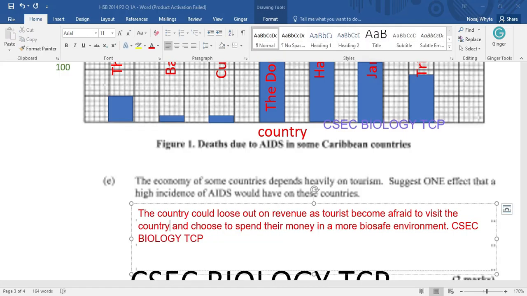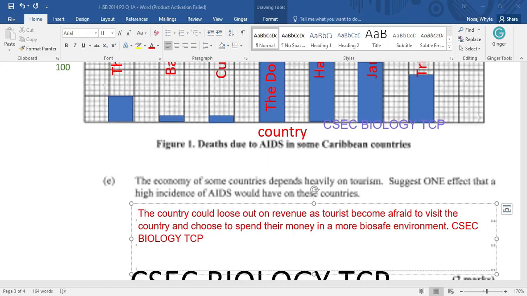The country could lose out on revenue as tourists become afraid to visit the country and choose to spend their money in a more biosafe environment. So they want to go somewhere where they are safe, because there's a stigma around AIDS and HIV still.